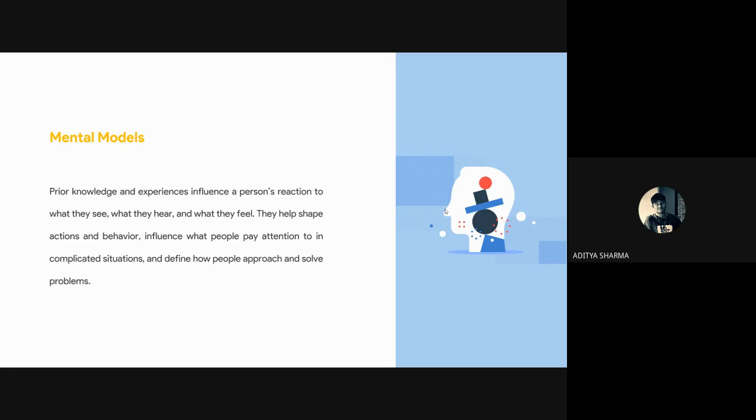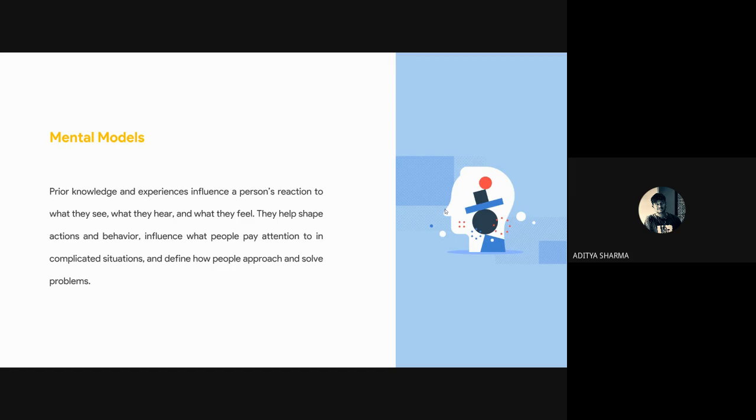Similar kinds of many things are around your environment, with which you behave in a certain way, in a specific manner, and you do not do it in a different way. That is called a mental model: why you behave and interact in a certain way.